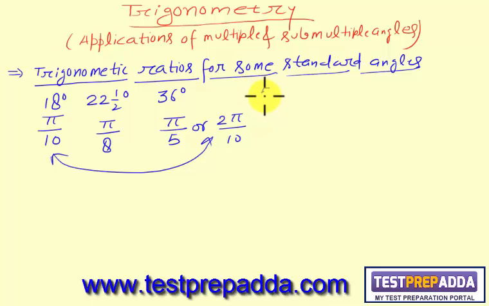Then next angle 54 degree, which I can write as 3 pi by 10, and then 72 degree, which I can write as 4 pi by 10.